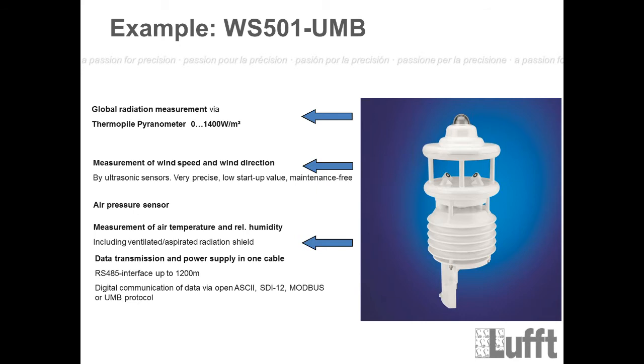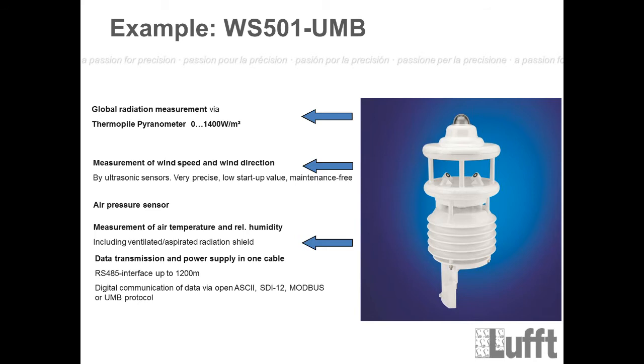One special sensor I want to show you is of course the WS501. Normally this sensor has the same measurement principle, but you see on the top we have a different sensor installed. We have no precipitation sensor here, we have a special thermopile pyranometer which measures the global radiation.